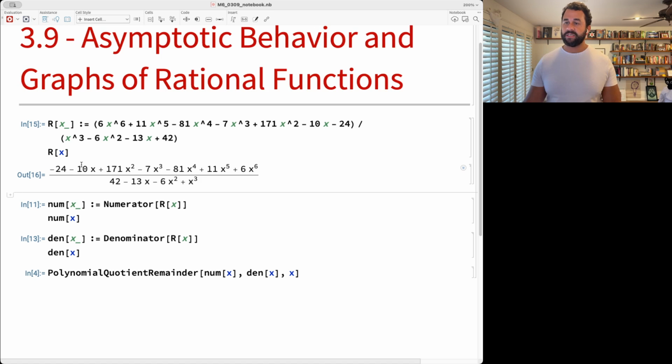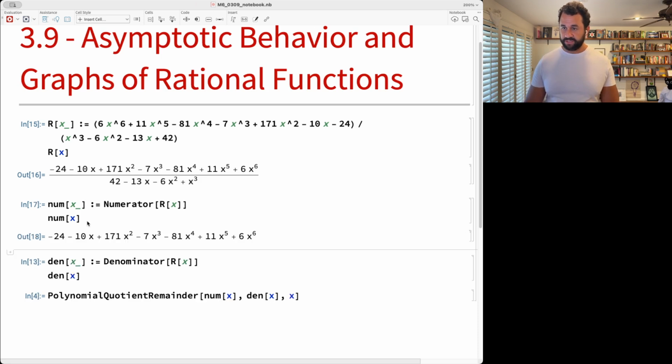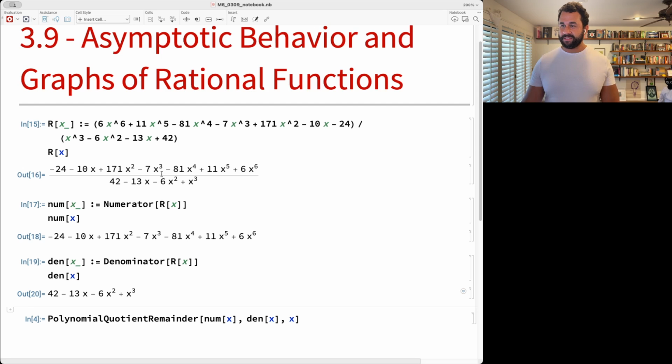Remember, Mathematica writes things in reverse standard form because it likes to list terms in increasing degree: 0, 1, 2, 3, 4, 5, and so on. Remember, Numerator just picks out the numerator, Denominator just picks out the denominator. I instantiated these as their own functions for efficiency. Yep, that's the numerator, and that's the denominator.